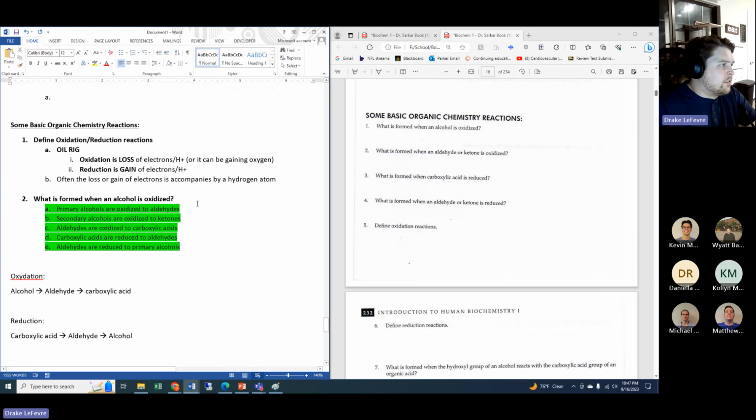Then do the same thing, but throw in there that secondary alcohols go to ketone. So do it again: alcohol, I would do primary, secondary, and so on like this.